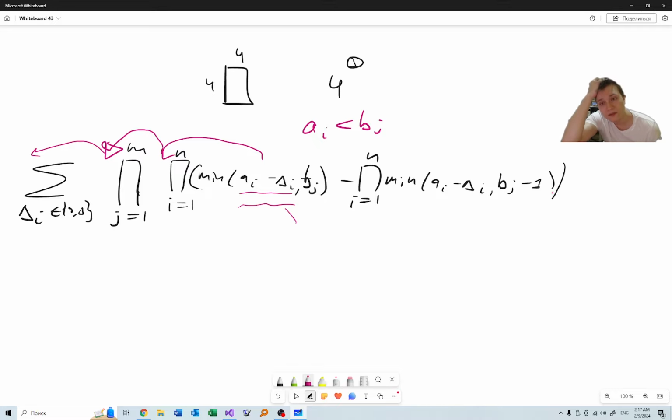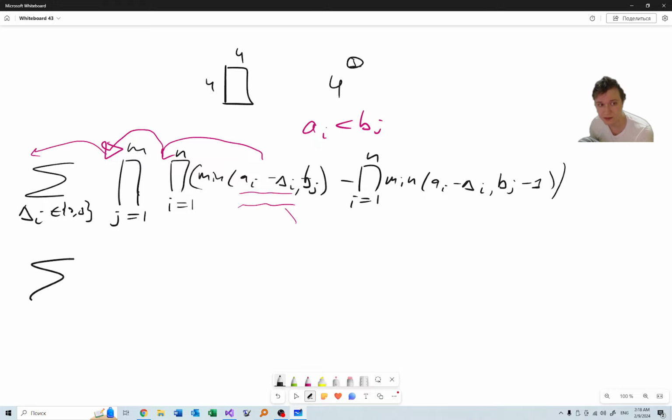I actually wasn't able to remove it completely. Okay, let's rewrite it without violation of rules.